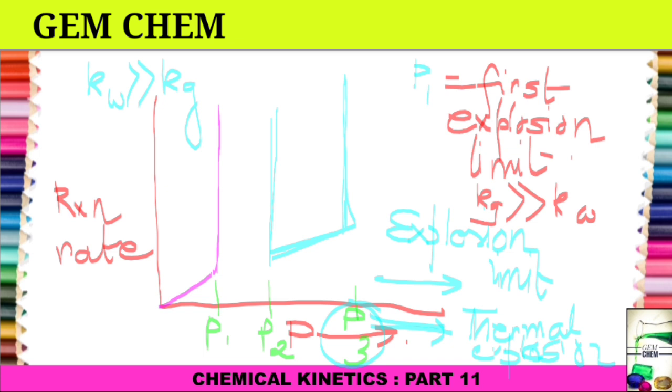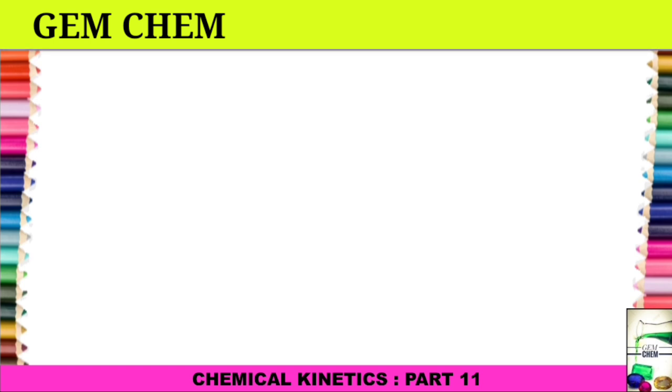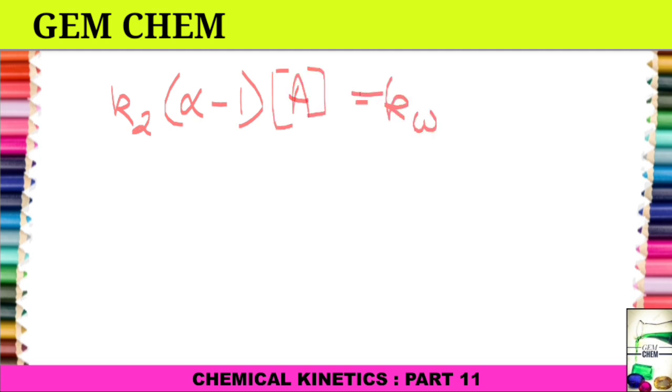At a certain pressure, a situation will arrive when K2 alpha minus 1 A equals Kw plus Kg, that is, your R dot is becoming infinite.